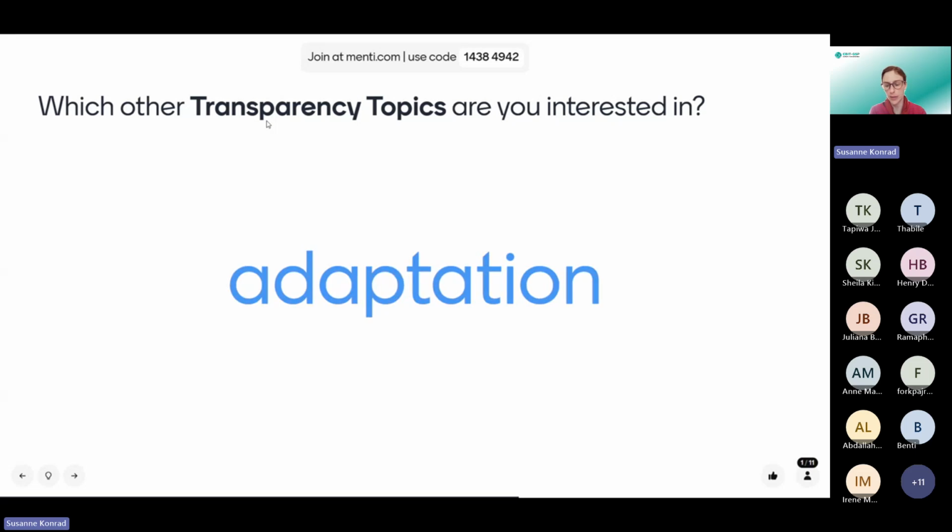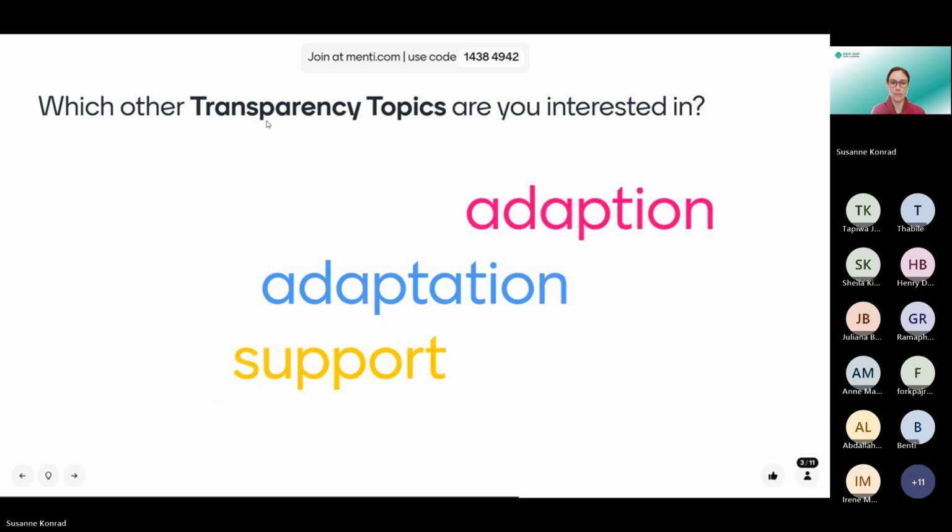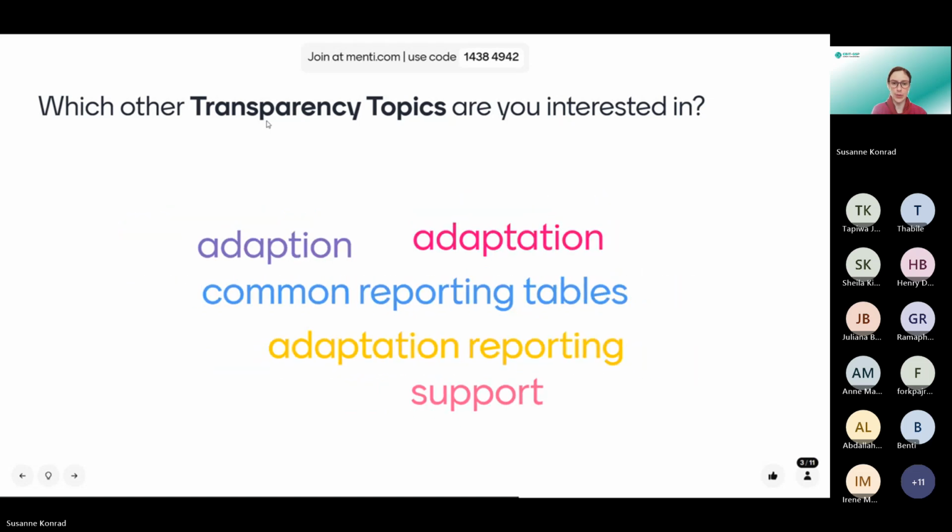Adaptation, yes, that's really key. Adaptation tracking, also MEL of adaptation. Thank you for that. Adaptation support, common reporting tables, CRTs, yes.